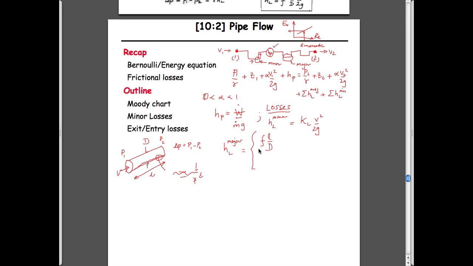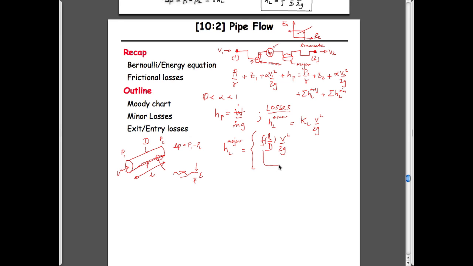And so the losses in the pipe are typically given by this expression: a friction factor, squiggly f, times the length to diameter ratio of the pipe, and also the magnitude of the velocity head term.